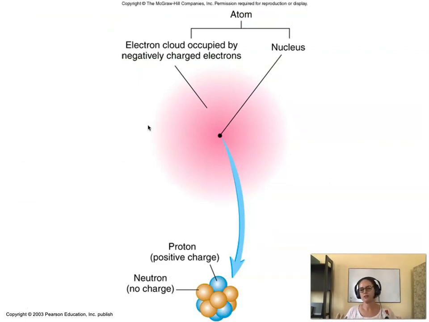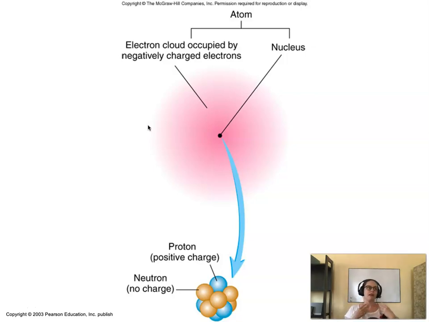So I've already started using phrases like protons and neutrons, so let's just take a step back or two and go back to exactly what is happening in an individual atom. Now, an atom is the smallest unit of anything. So an atom of an element is the smallest unit you can have of that element that retains properties of that element.